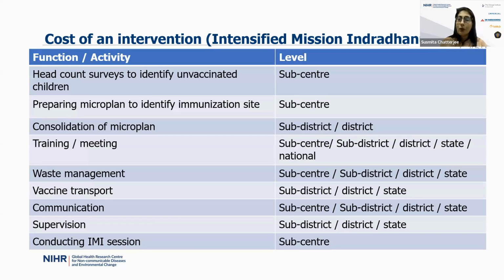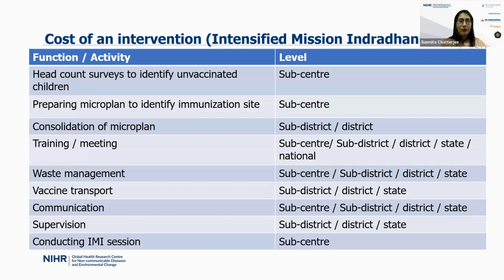Here is why I gave you this exercise this morning, because you have to think about it. You have to think about what your activities are, what the functions are which you did when you were doing this intervention. Any intervention, when you are doing it, you first have to identify the activity, the function.